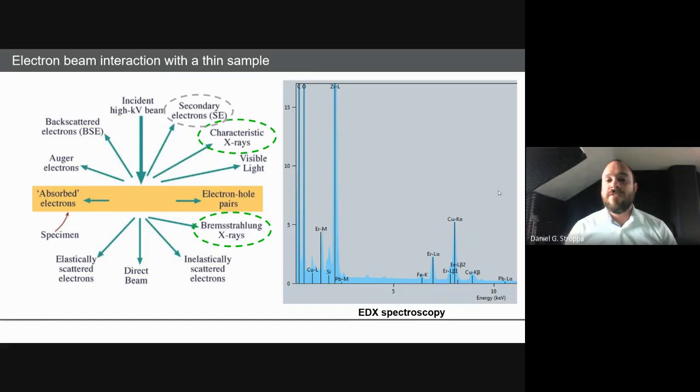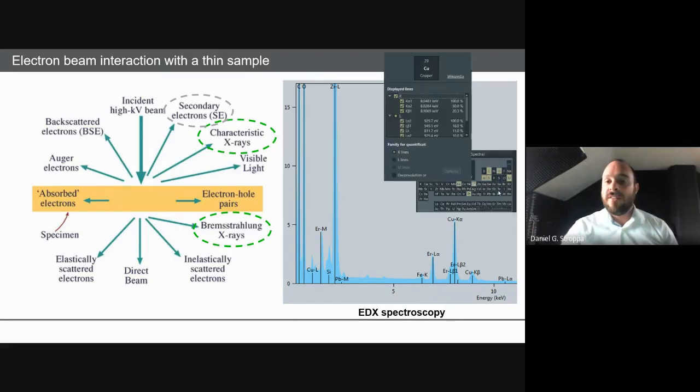The Bremsstrahlung is a background radiation, so this would be this decaying background we see in the image here, and this does not contain much information, but is one side effect of this electron generation, or X-ray generation, sorry. And to capture those X-rays, what we typically do is that we surround the sample inside the microscope with detectors.